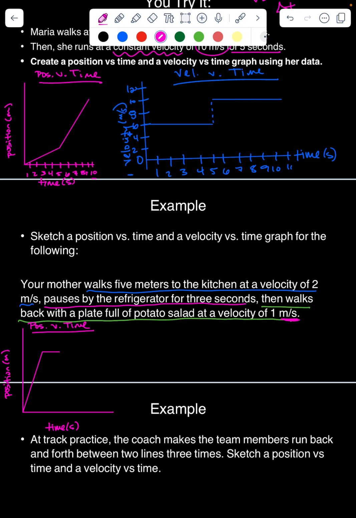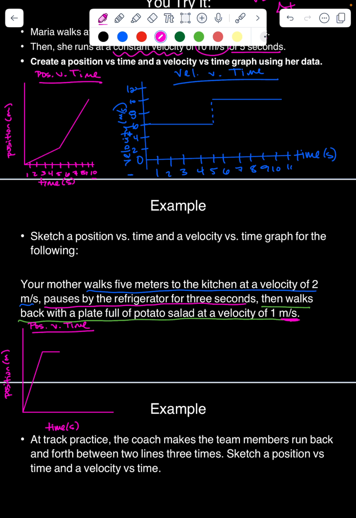Now we know that she walks back. She walks back to where she came from. So at this point, she's going to turn back around and go towards the dining room again, which is our origin. All right, so we know that she's walking back. She's walking a little bit slower because she doesn't want to spill the potato salad anywhere.